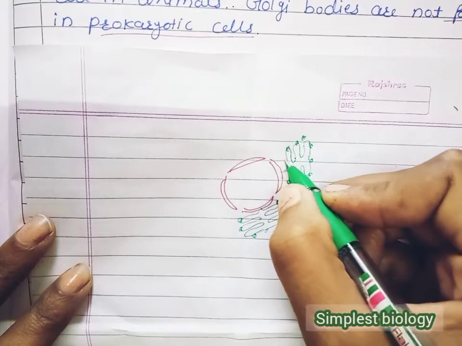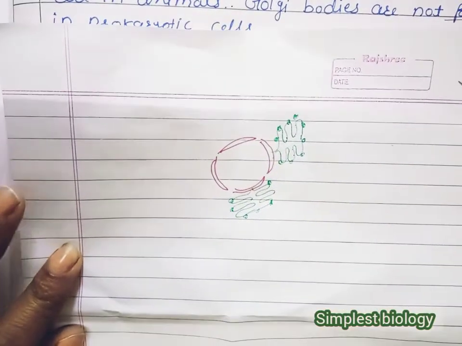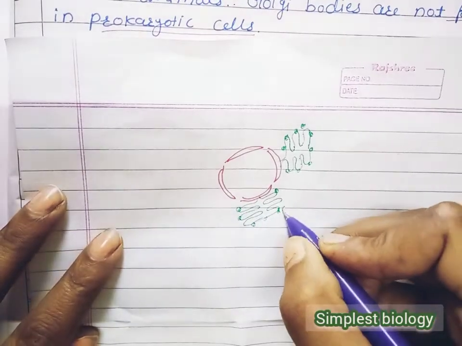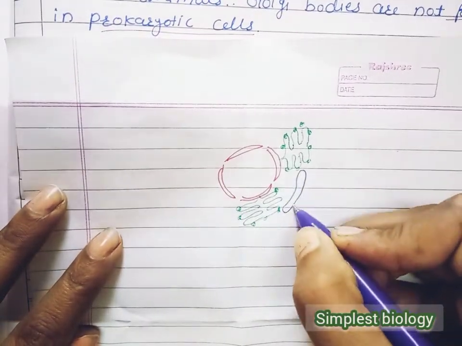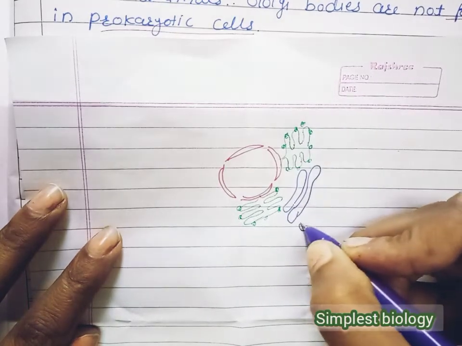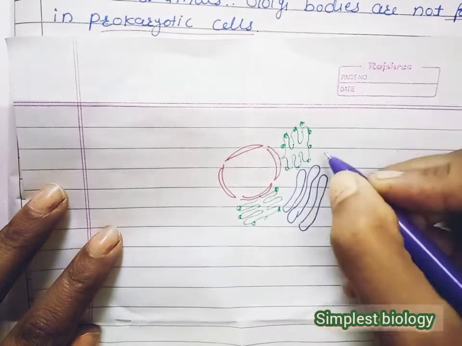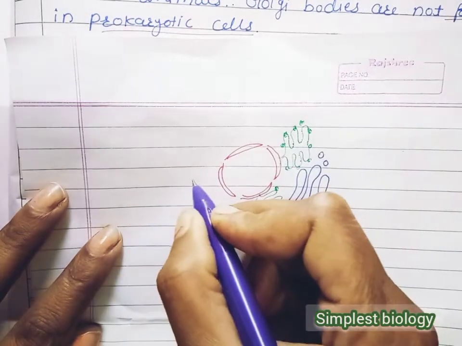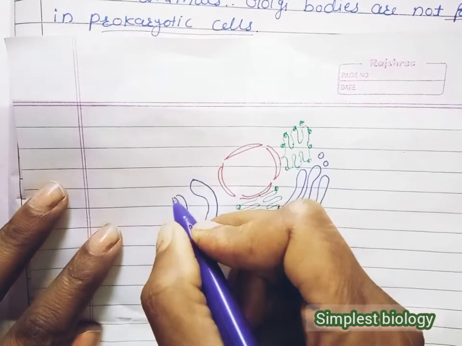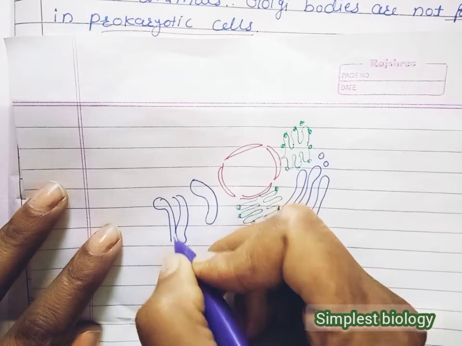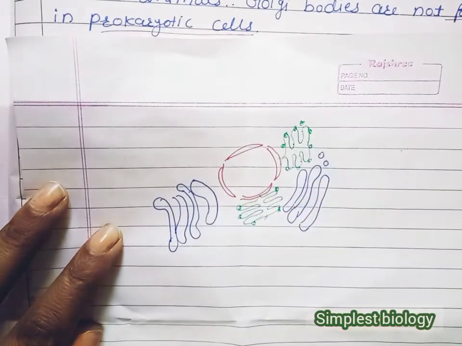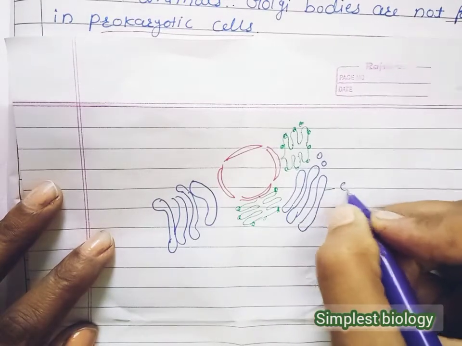All over, they are attached to the cisternae part. Cisternae are arranged in this way, forming a structure like this. This is cisternae.